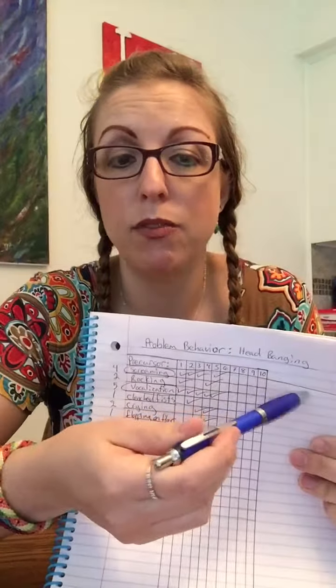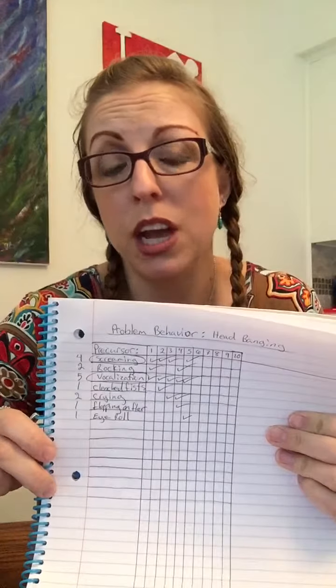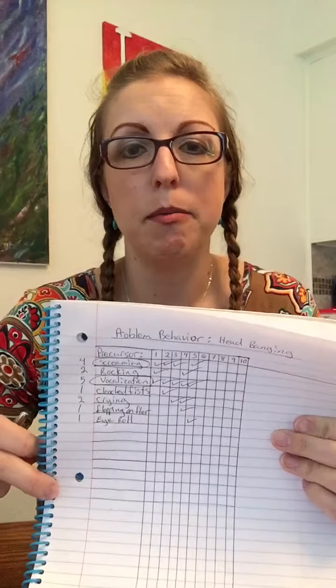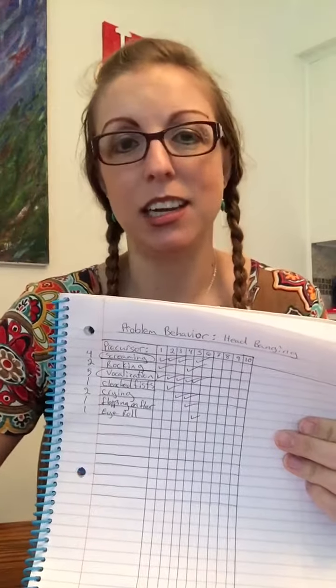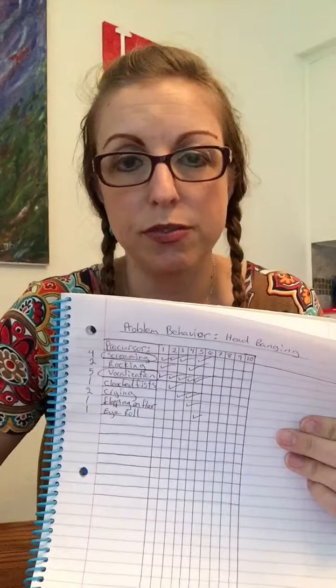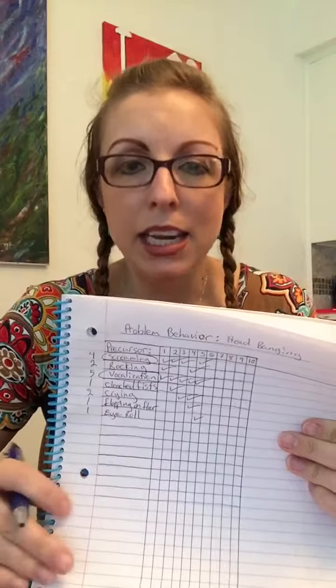And that's just kind of what you would write here. And again, this was simple. I did this on a notebook. You can do it very simply this way. You can be more technology savvy and use the computer and track it that way, or use your phone and write it in notes. But at any rate, you're able to track what those behaviors are.